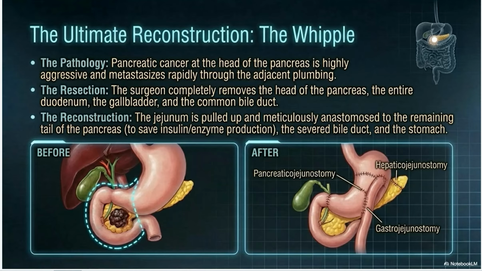The remaining pancreas is connected to the small intestine so pancreatic enzymes can enter the digestive tract. The bile duct is also connected to the intestine so bile can flow from the liver. Finally, the stomach is connected to the small intestine to allow food to continue moving through the digestive system.